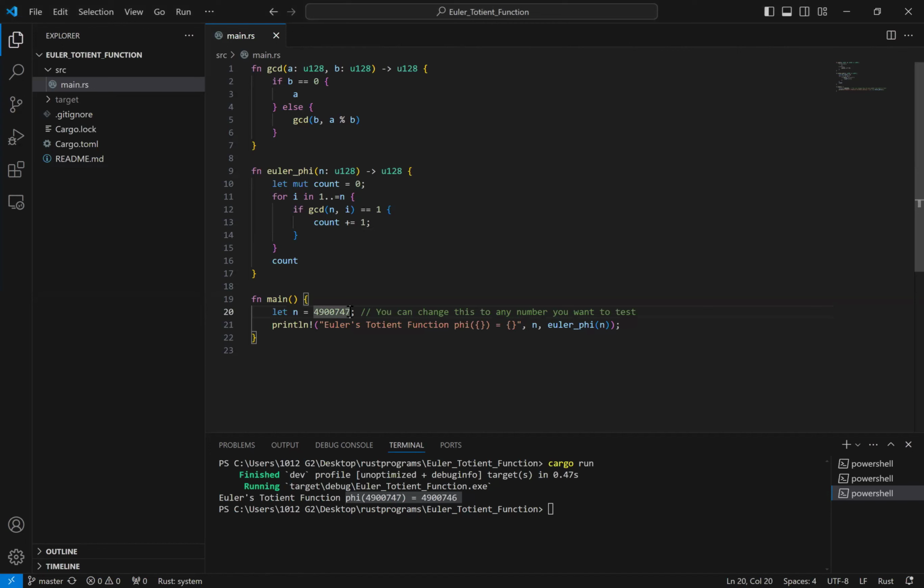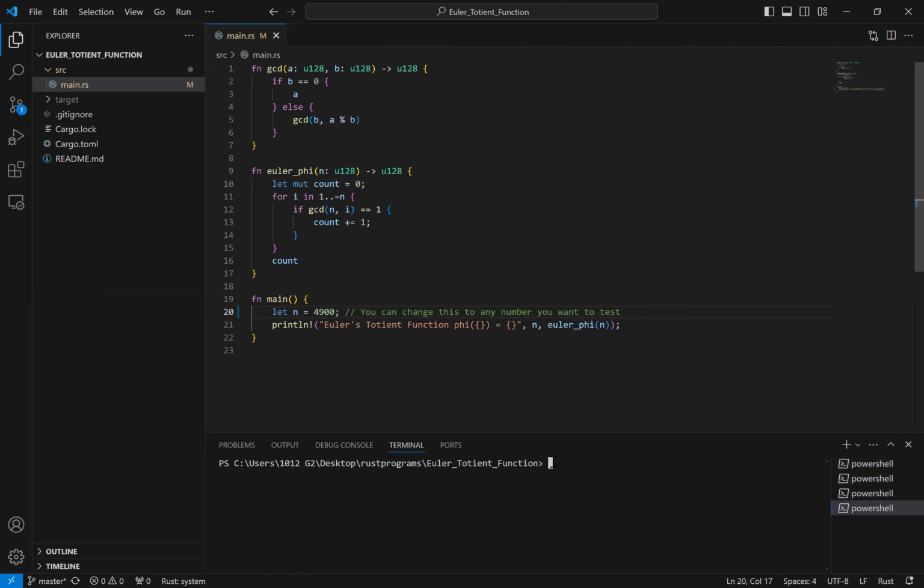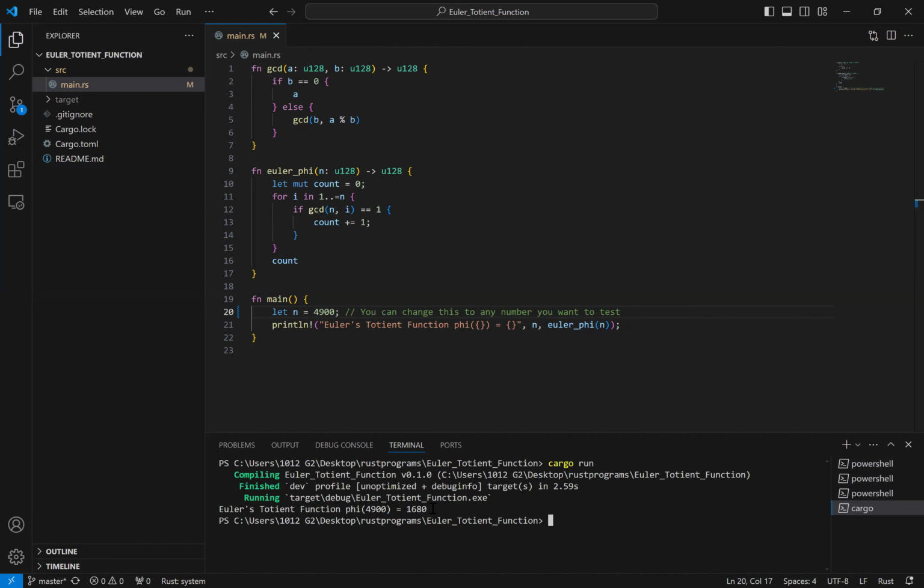Let me change this number to a number that is not prime, which is 4900, and run this. So run that. It gives us, we had gotten that, 1680. 1680 is the value.